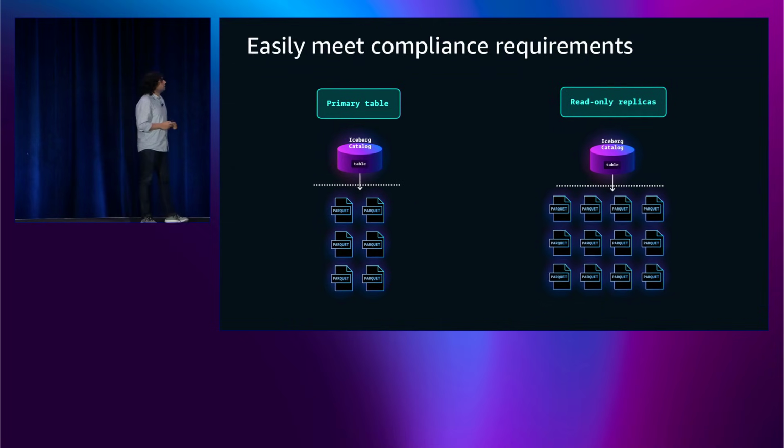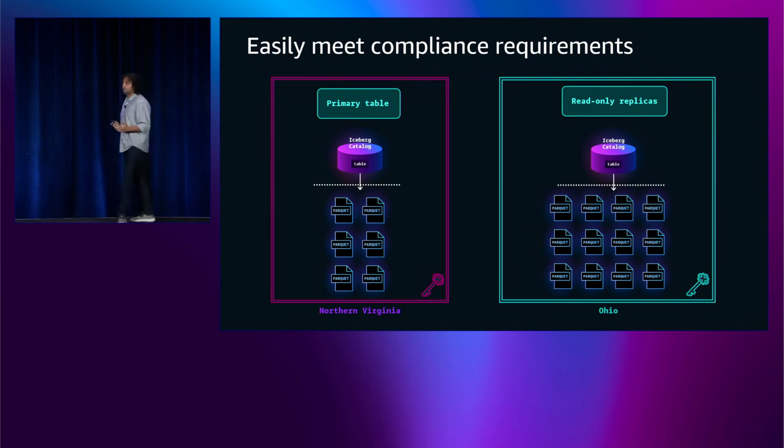And finally, for all of us who need to meet those compliance requirements, you can imagine these tables being isolated in 2 different regions. We also do cross-account replication, so these could be 2 different accounts altogether and encrypted completely differently. So with that, I'll pass it on to Nikos to show us some demos and how this really works.